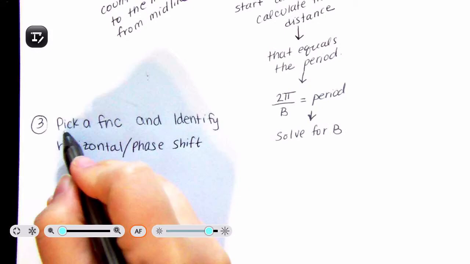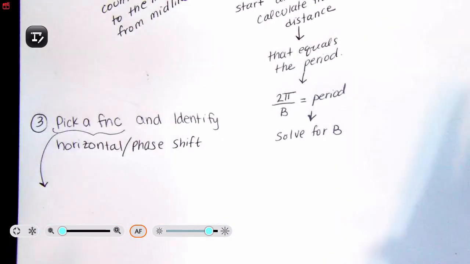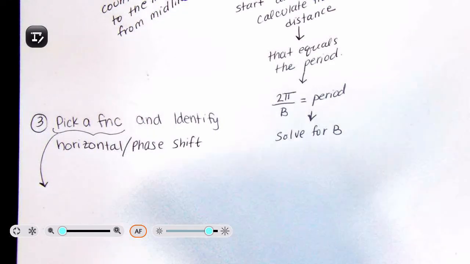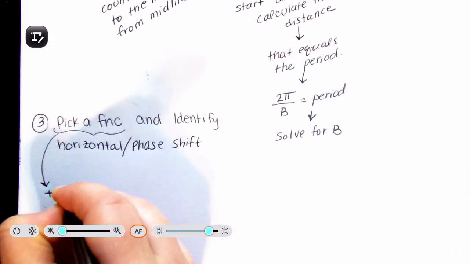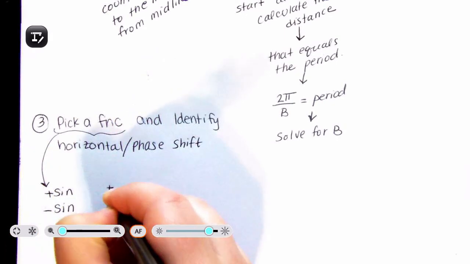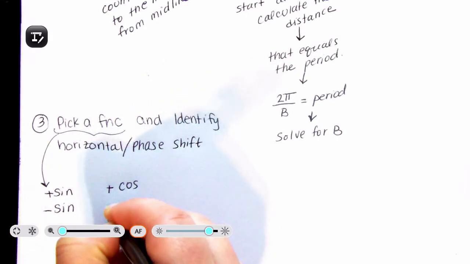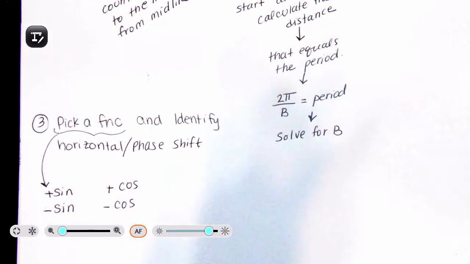Okay, so what do we mean by pick a function? Because you can write an equation of a sine wave and a cosine wave from one given graph, you have options. So your first option is a positive sine wave. Second option is a negative sine wave. Or you can write an equation for a positive cosine and a negative cosine. The only difference between our sines and our cosines is a horizontal shift.